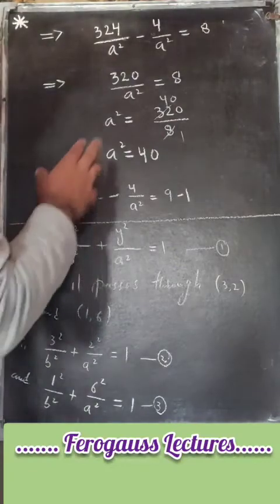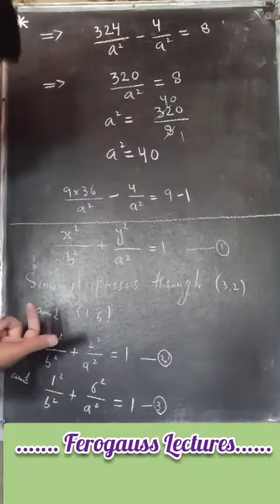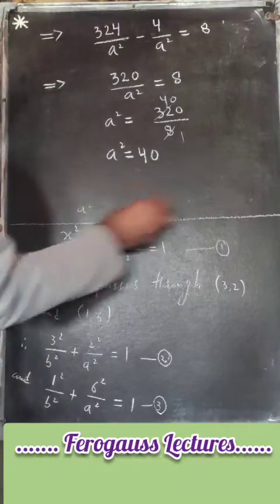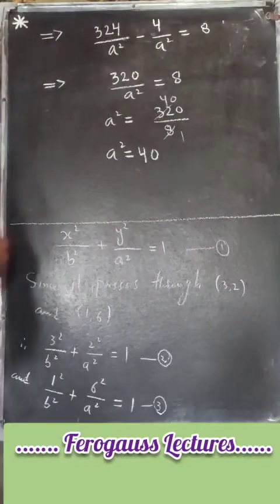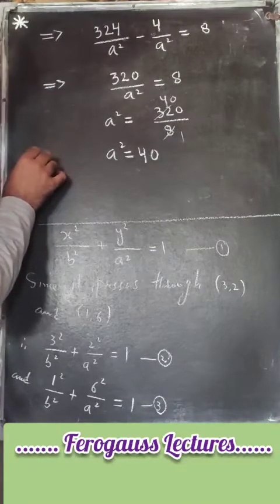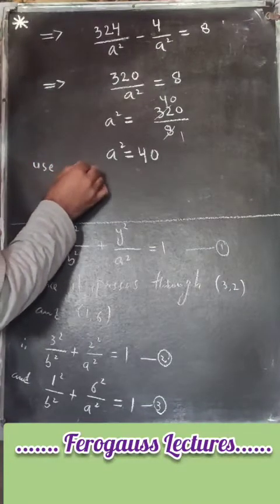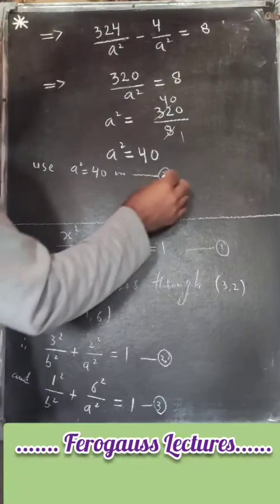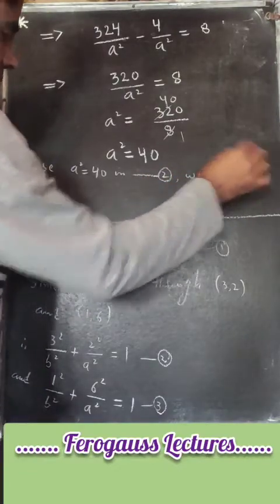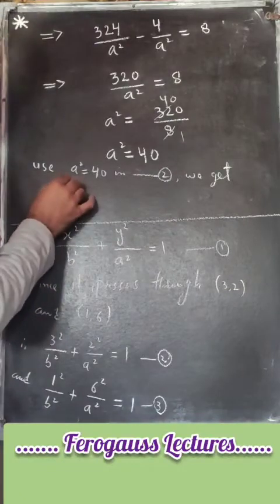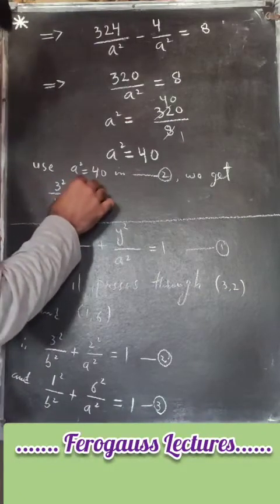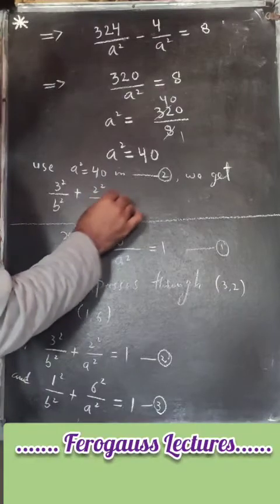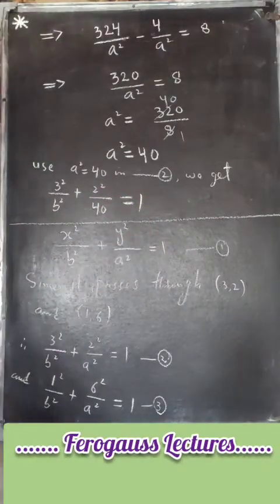Now we use the value of a square in equation second and we get b square. Using a square equal to 40 in equation second, we get 3 square by b square plus 2 square by a square, which is 40, equal to 1.